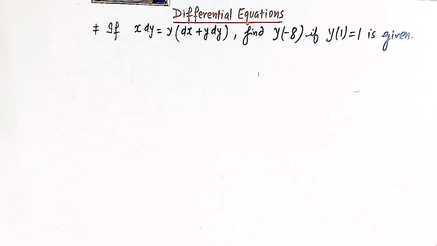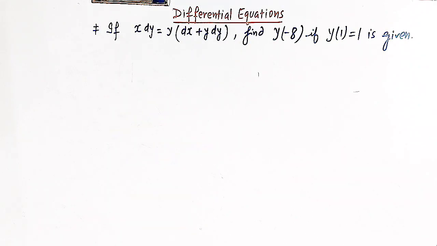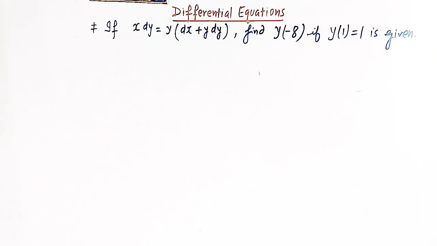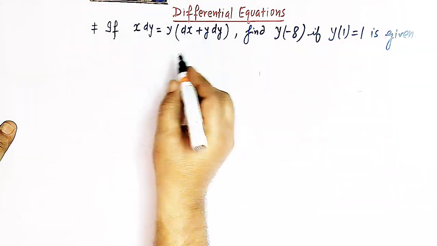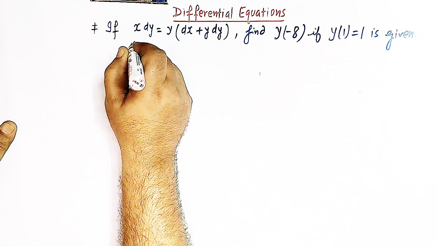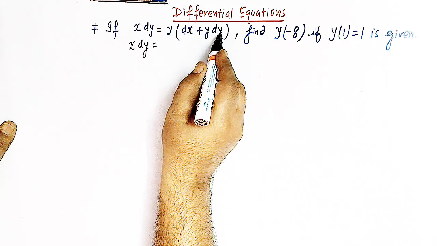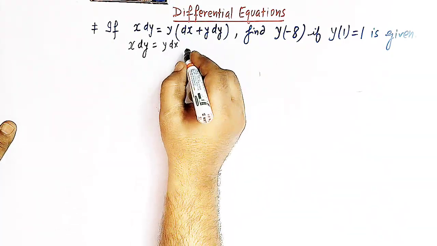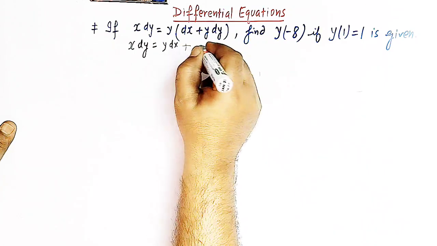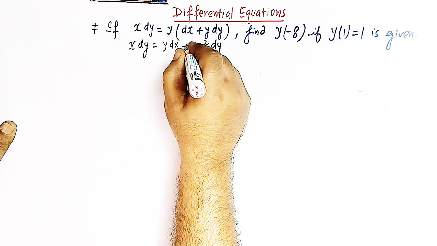So let us first see the solution of this differential equation. To solve it, let us rearrange the terms. So here we can write x dy, and multiplying these two terms by y, we have y dx, and then we have here a y square dy, right?